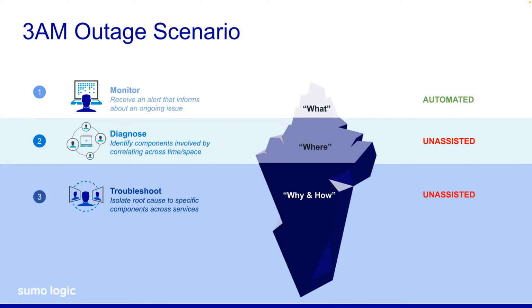The first part we have a good solution for with the tools that we have today, which is you set up some sort of alert or monitors that tell you that there is an issue, and you can start investigating. But taking any step from there, like how do I take that alert and correspond it with my application, where should I look, what should I do in the diagnose step, and how do I get to the actual root cause, are unassisted processes.